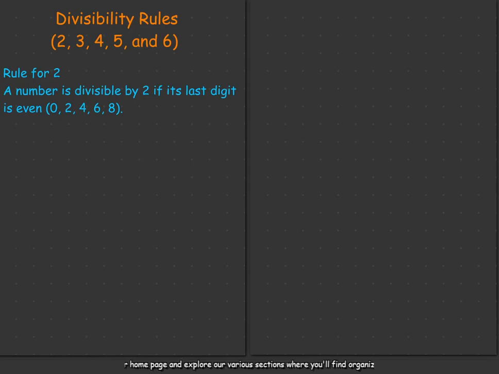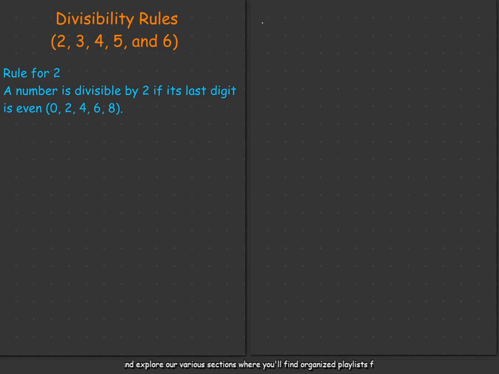We say a number is divisible by 2 if the last digit is even. A number is divisible by 2 if the last digit is what? Even. So for every number that you have, if you really want to determine if 2 can divide it, then the last digit should be even.